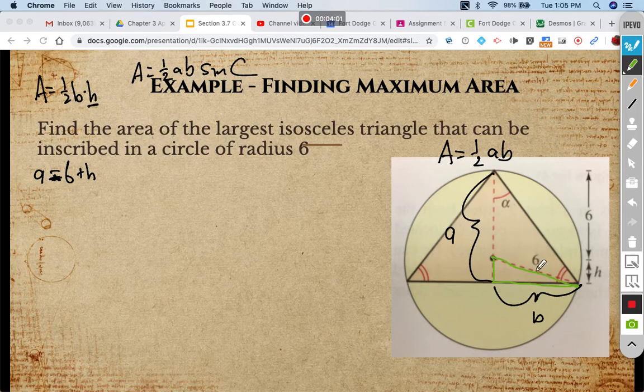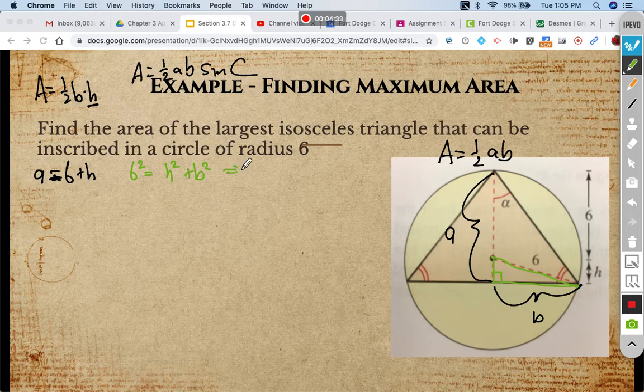Because on this triangle, I know this side, I know this side, and I know this is a right angle, because it's an isosceles triangle. The altitude of an isosceles triangle makes a right triangle. So I can use that fact to come up with 6 squared equals h squared plus b squared.